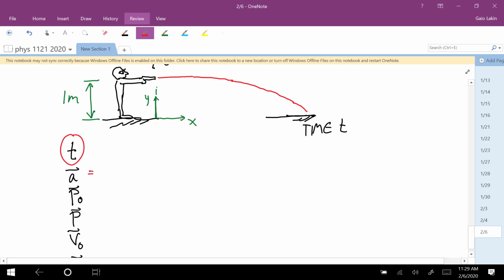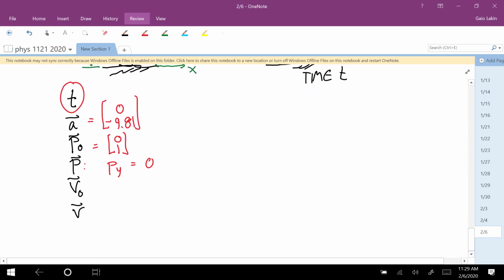Again, we know the acceleration. In this coordinate system, it's 0, negative 9.81. P0 is the same as it was, 0, 1. We know Py is equal to 0. We don't know Px.